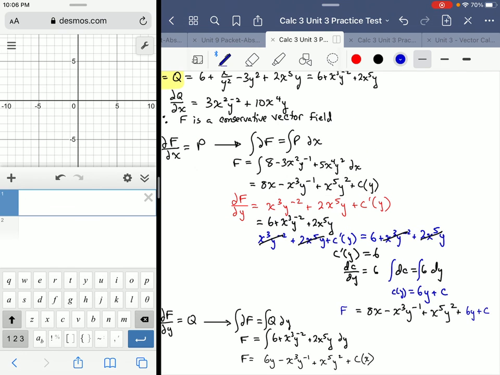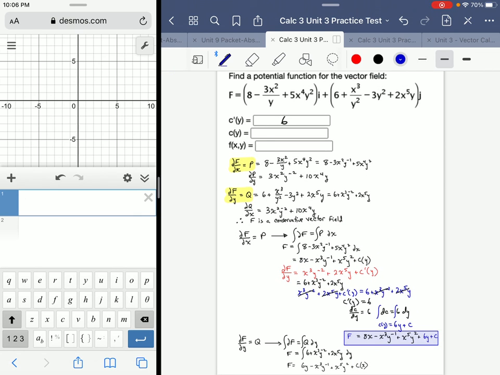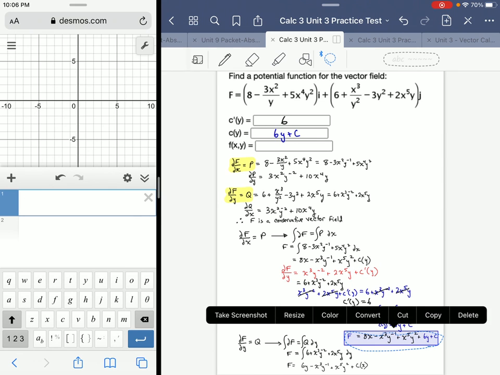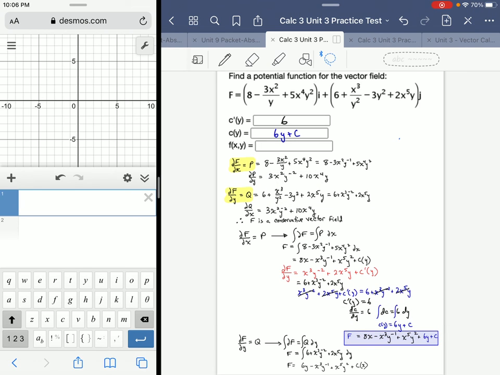And that would be what we would call f, or f of x y. Alright, so in terms of getting our ducks in a row here, 6y plus c, and then that whole expression would be all this.